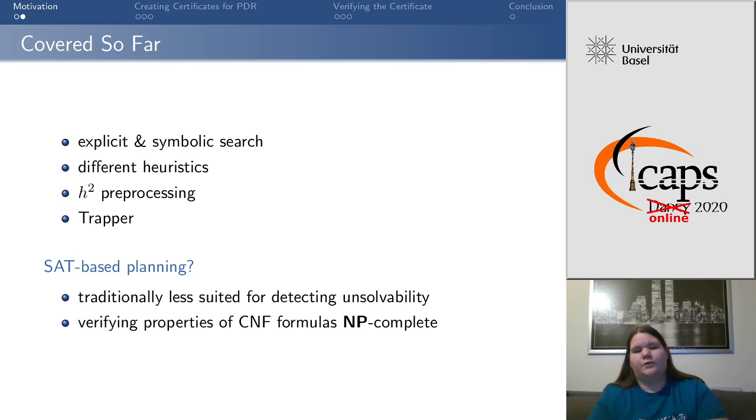However, with recent work, these upper bounds have been tightened significantly, and SAT-based planners are now much more suited for detecting unsolvability. Secondly, if we want to verify what a SAT-based planner did, we probably need to verify certain properties of CNF formulas. This is, however, as we all know, an NP-complete problem, and thus cannot be efficiently done unless P equals NP.